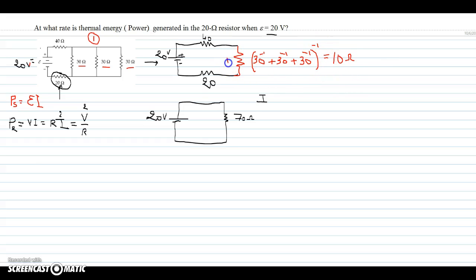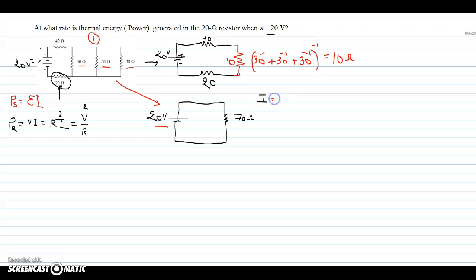Now this 10 ohms stands in series with the rest: 10 plus 20 is 30, plus 40 is 70 ohms. We combine them directly if they're in series, and we combine the reciprocals if they're parallel. Now the equivalent circuit is the 20 volt source, which did not change, and the equivalent resistance.